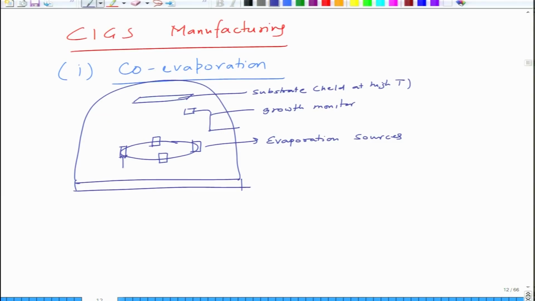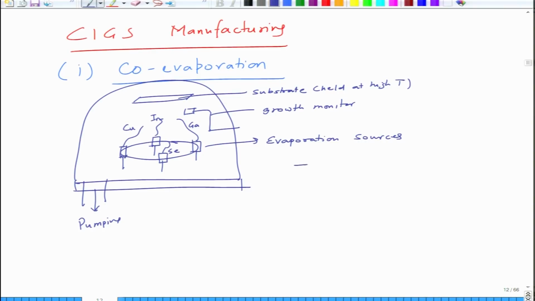So, as you apply electricity to these, as you heat them, there will be evaporation of, for example, copper, indium, gallium and selenium, and of course, it is connected to a pumping system. So, you co-evaporate these things together.